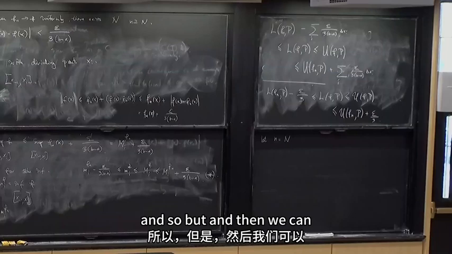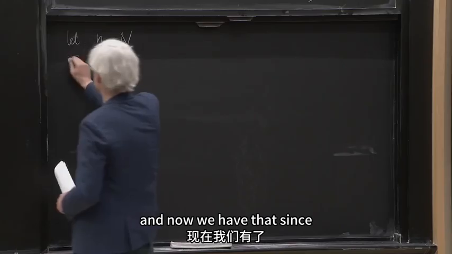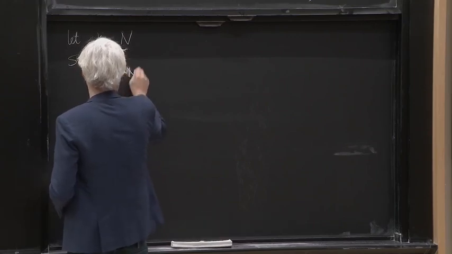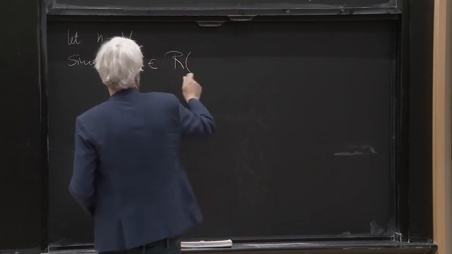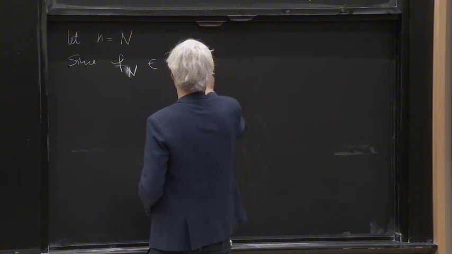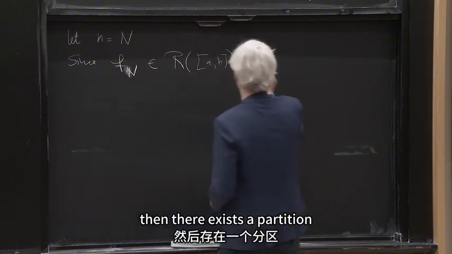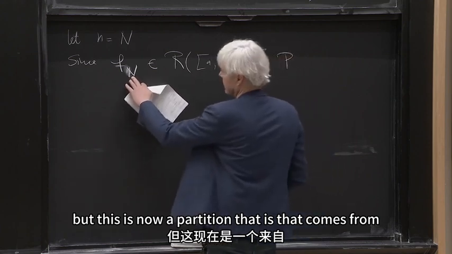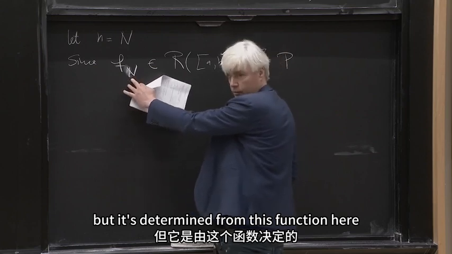And now we have that since this particular function, this one function, was integrable, then there exists a partition. But this is now a partition that comes from, it's determined from this function here.